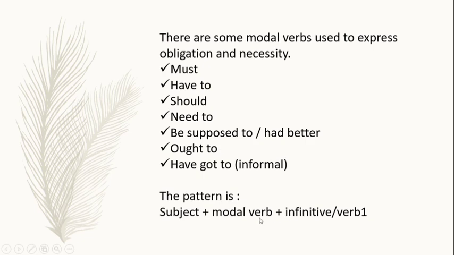And it must be followed by verb 1. For example, I must study, I have to study, I should study, I need to study, I'm supposed to study, I had better study, I ought to study, I have got to study. So after the modal, it must be followed by the infinitive or verb 1.